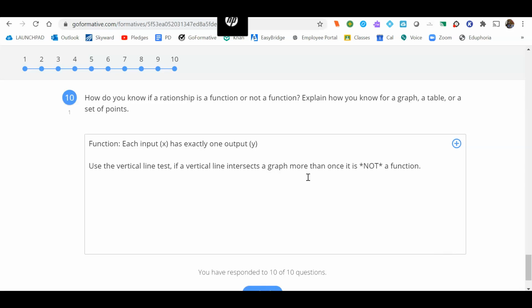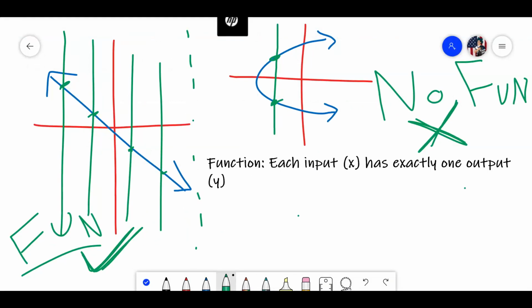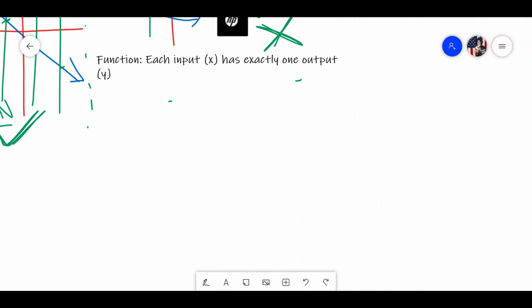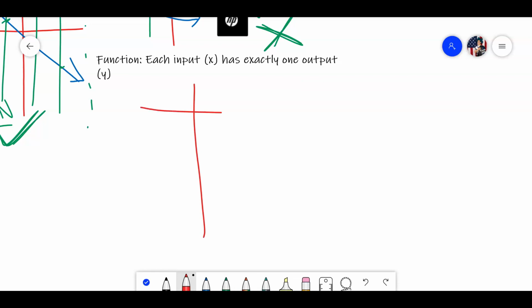Now on a table, Miss Marrero can probably help us out here using the example I just used.